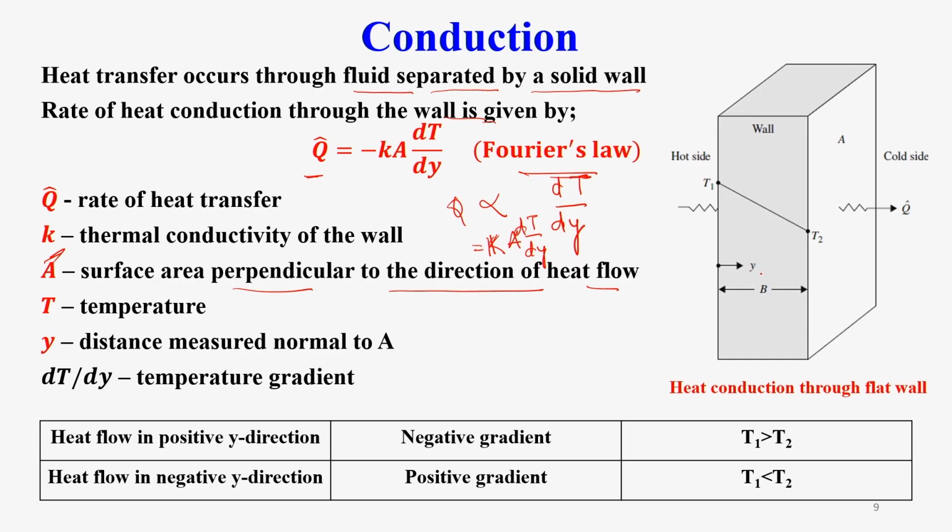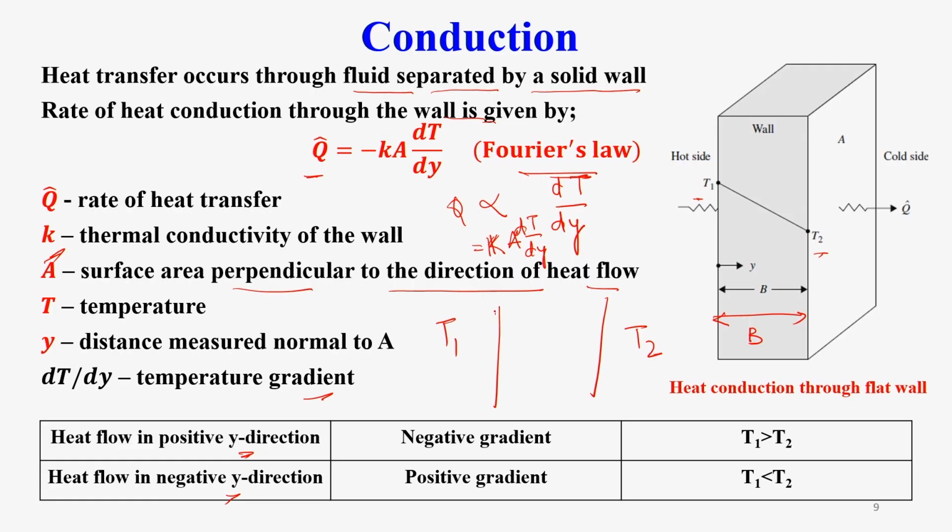Y is the distance, and what will be the limit of y? The limit of y will be B, that is the thickness of the wall. Now, heat flow can be in the positive direction or in the negative y direction. It depends on the values of T1 and T2.